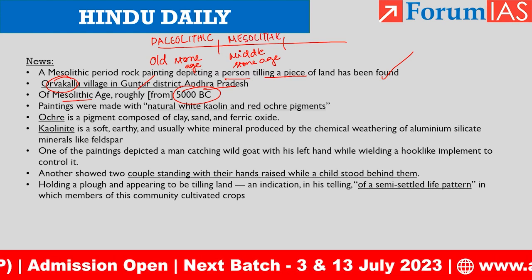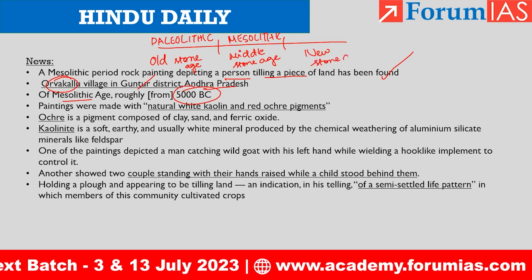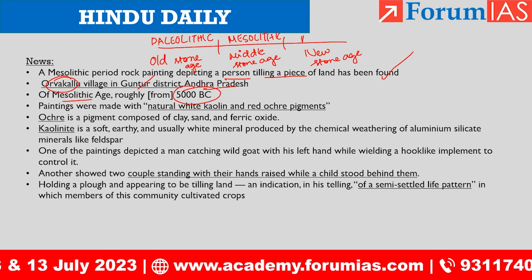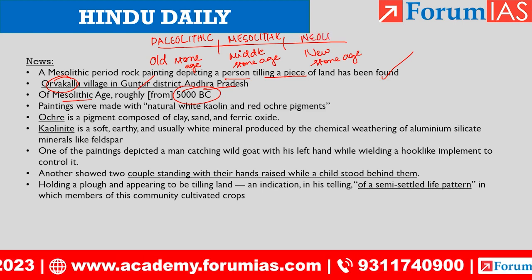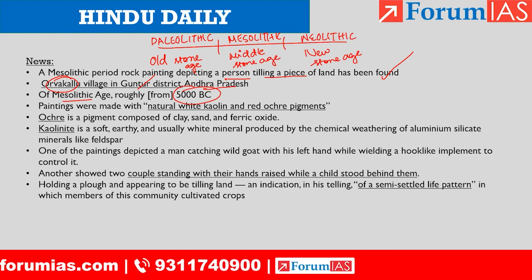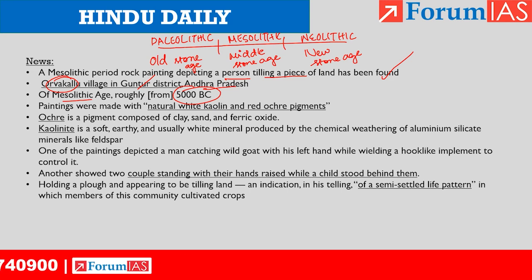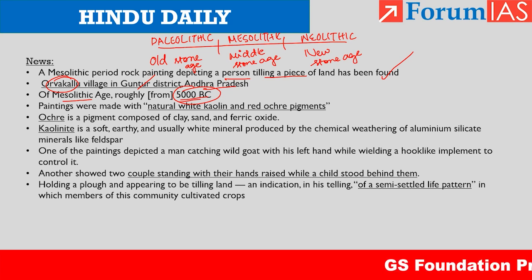And then we have the New Stone Age, which is the Neolithic period. Okay, so this is the sort of understanding we need. So if we have to map this painting, historically it can be mapped to 5000 BC.